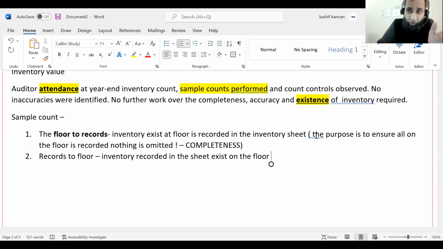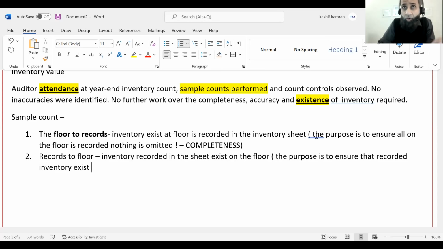But when you go vice versa, inventory recorded on the sheet exists on the floor. The purpose is to ensure that all recorded inventory exists.